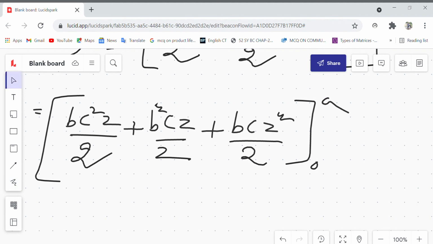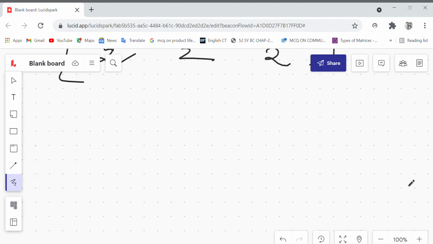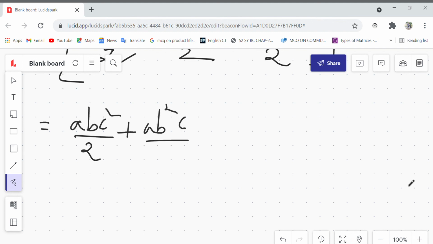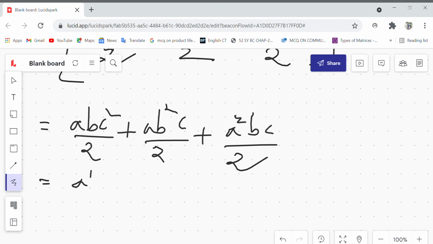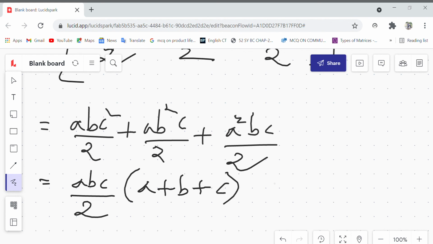Then moving on, it equals abc square by 2 plus ab square c by 2 plus a square bc divided by 2. Then abc divided by 2 we take common, and it comes as a plus b plus c. So this is the answer.